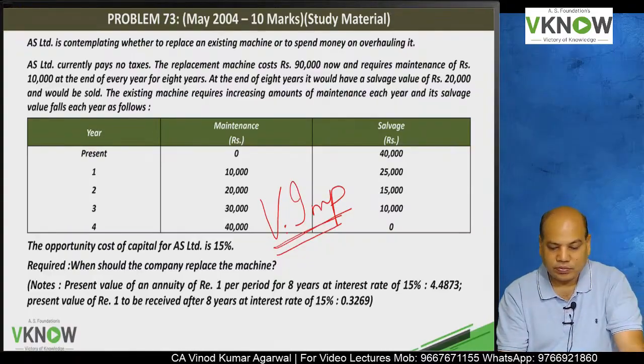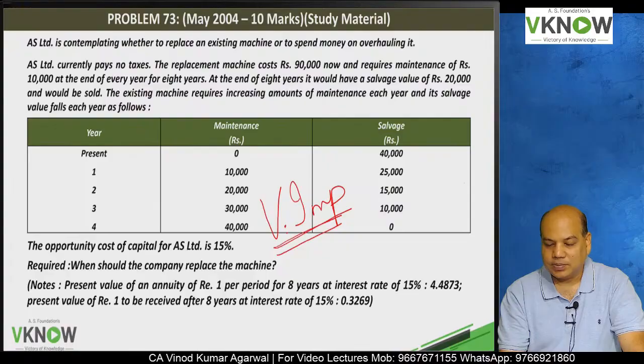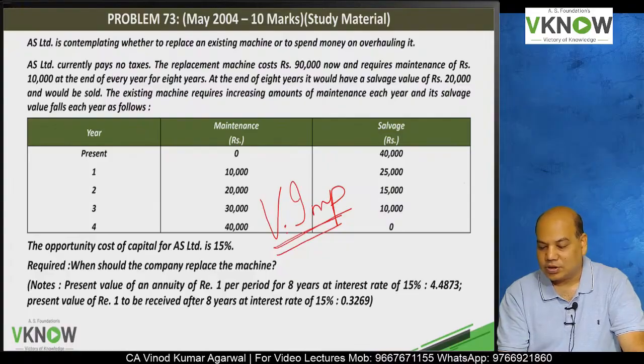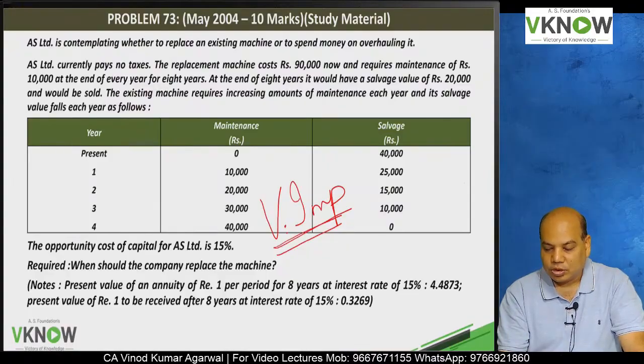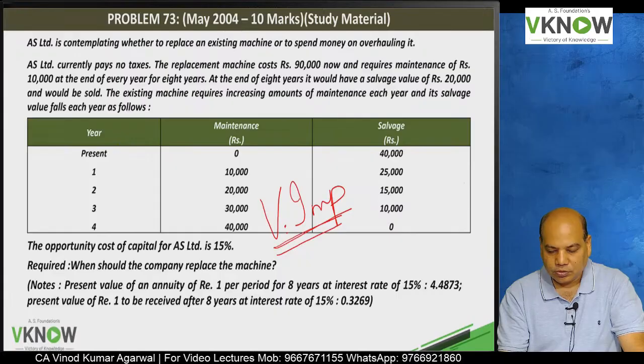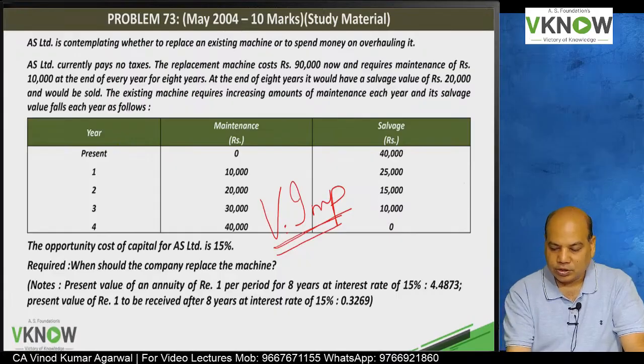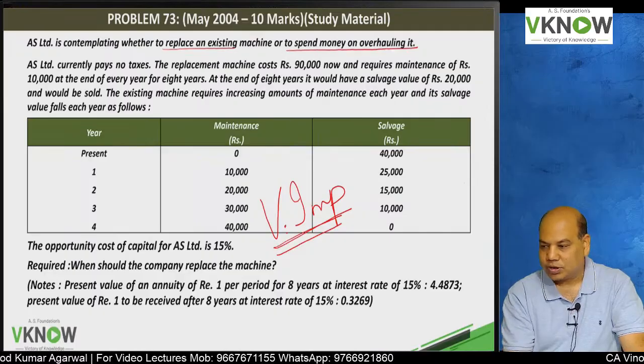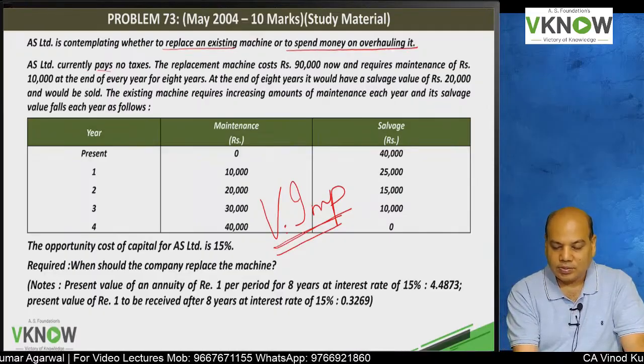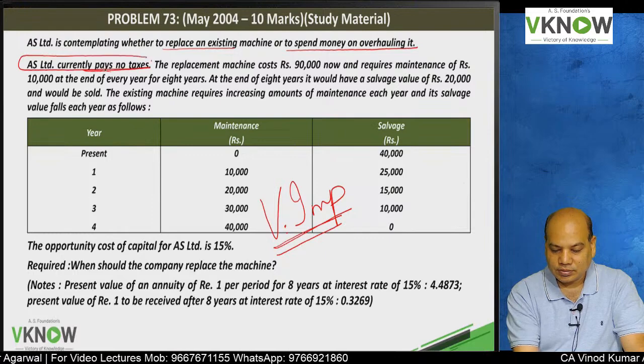Mind my words. AS Limited is contemplating whether to replace an existing machine or to spend money on overhauling it. So same question, whether you should replace it or continue to use it for some more years. AS Limited pays no taxes.